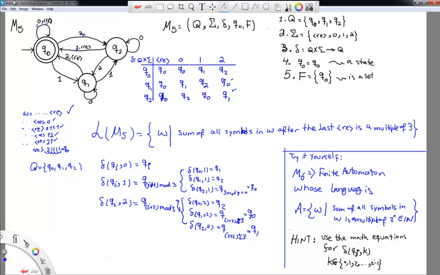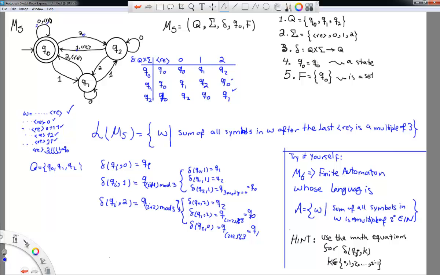In the example that did modulo 3, we had Q sub 0, Q sub 1, and Q sub 2 as our set of states. Sigma was reset, 0, 1, and 2, the input symbols. Delta is a transition function, and because this example was limited, the automaton really had just 3 states, so we could list all the transitions as you see here.